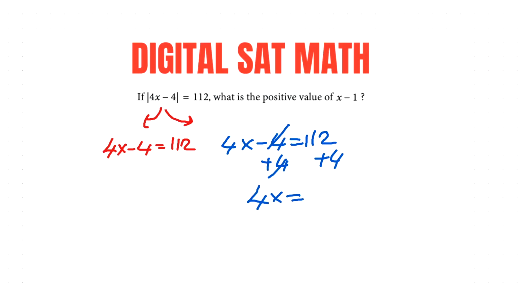And you will divide each side by 4. So you can go ahead and divide 116 by 4 on your calculator if you like, because you're allowed to use your calculator during the exam, or you can just divide 116 by 4 manually.